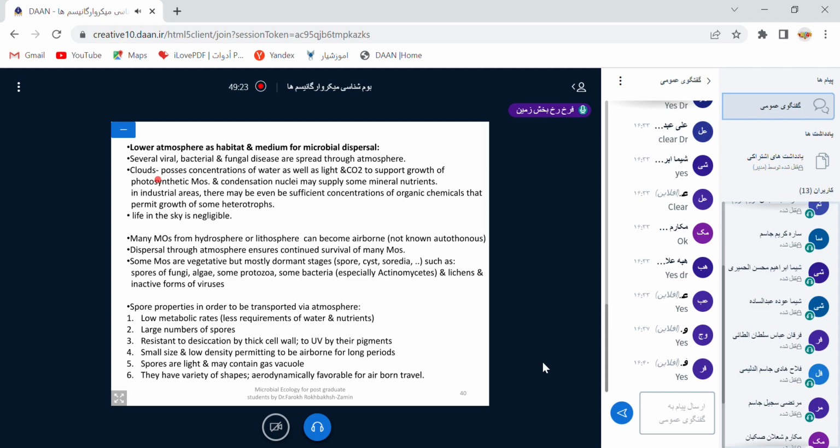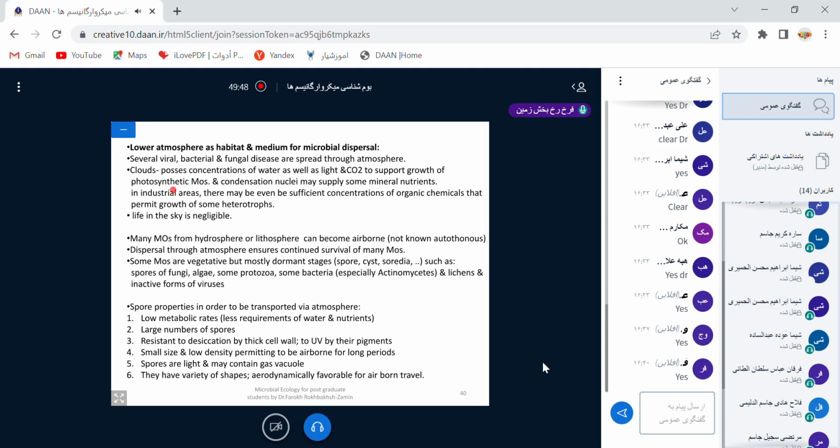So clouds in the sky possess a concentration of water, and light is present, as well as carbon dioxide. So a few photosynthetic microorganisms can have activity.